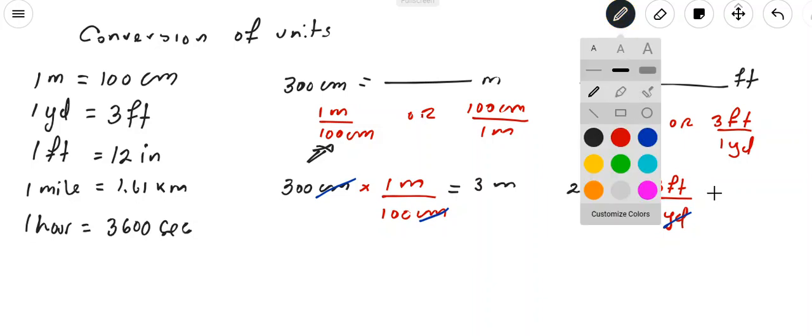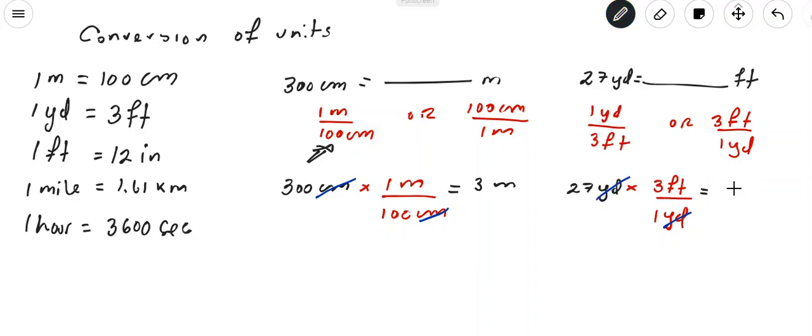So it would be equal to 3 times 7, 21. And 3 times 2, 6, and 2 is going to be 8. So this is equal to 81 feet. So in this case, I know that this conversion of 27 yards into feet will be equal to 81.